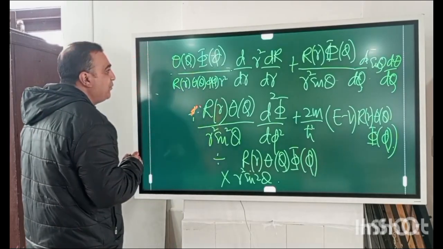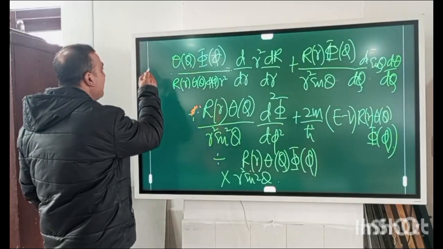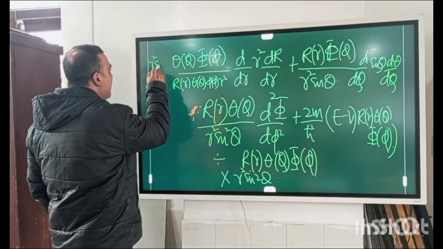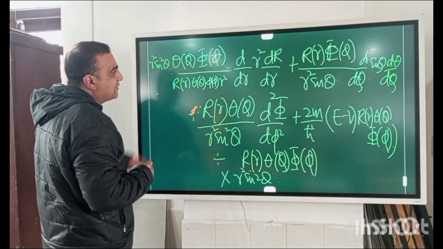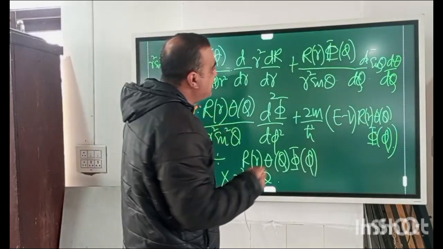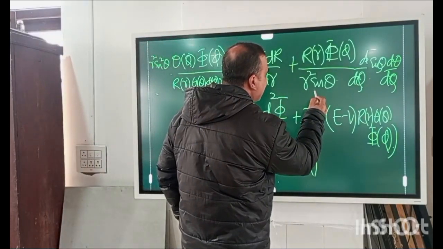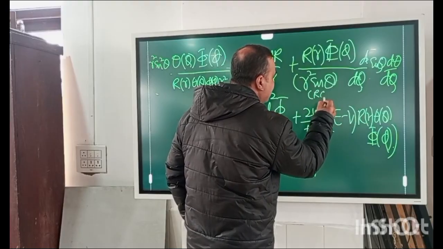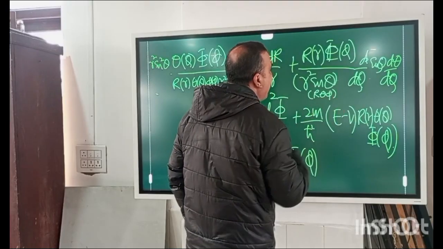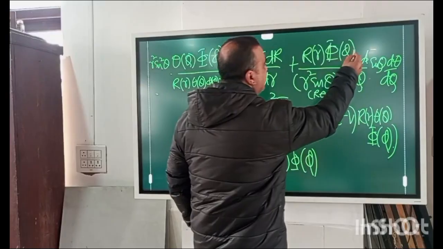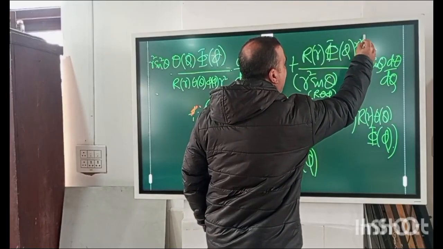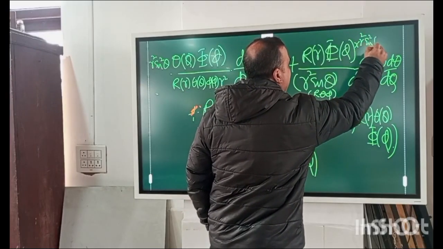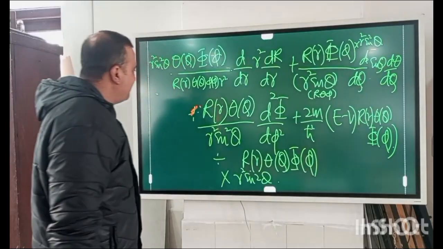At the same time, you are multiplying it by r square sine square theta. So this is our first term. In the second term, you will again have the same thing. So this will be multiplied by r, theta, and phi as a function of, and this will be multiplied by r square sine square theta. So the second term is done.